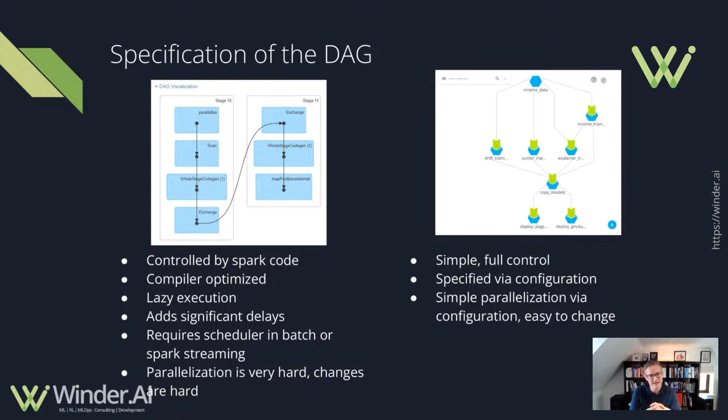Another major aspect is that because of that, it makes parallelization really hard. You can control the level of sharding that happens in Spark, but because of all of the optimizations that happen at compile time, and also the lack of clarity in the graph in the first place, because you're just writing code, it becomes incredibly difficult to predict how much memory and how much CPU a particular piece of code is actually going to take.